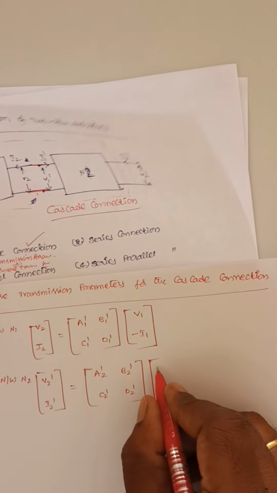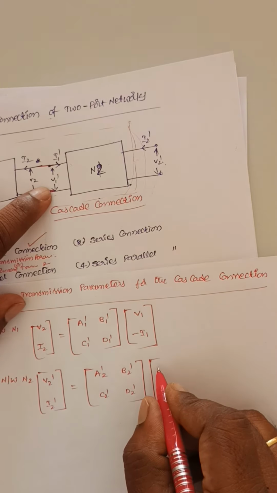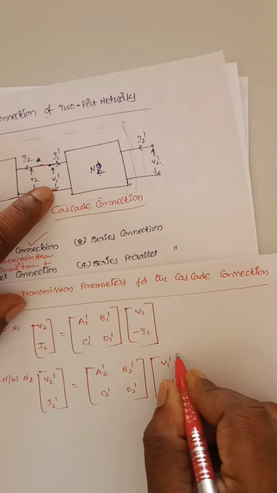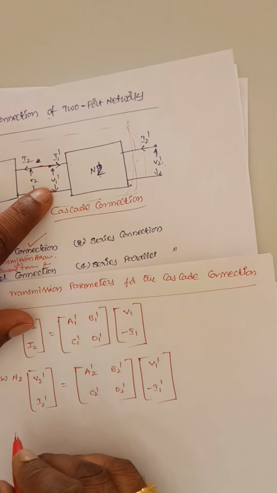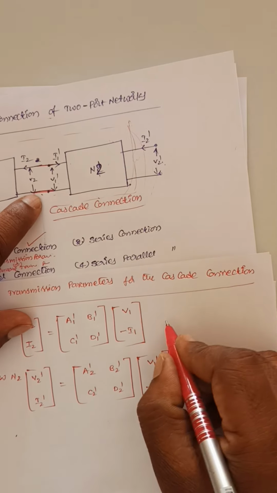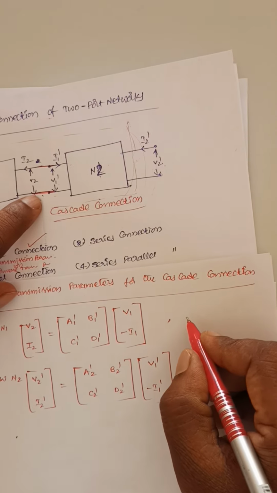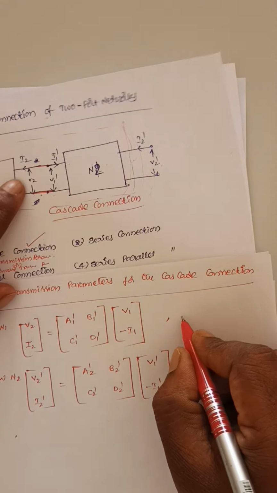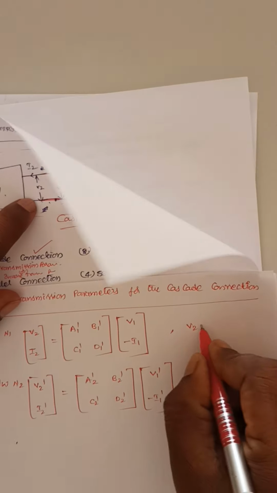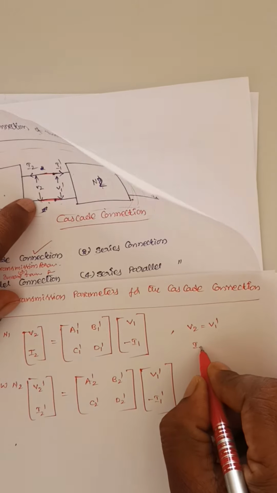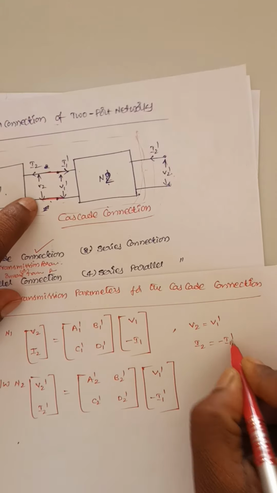Now the input here is V1 dash, minus I1 dash, and we know from this cascade connection that V2 is equal to V1 dash, and I2 is equal to minus I1 dash.